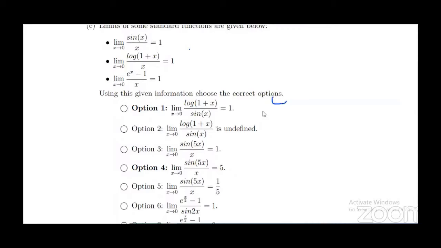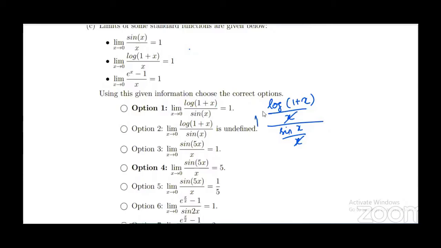So log(1 plus x) by x is what we know, and then divided by sin x by x. Basically you can divide by x, this gets cancelled, and you get the original sequence. So now we can evaluate these.